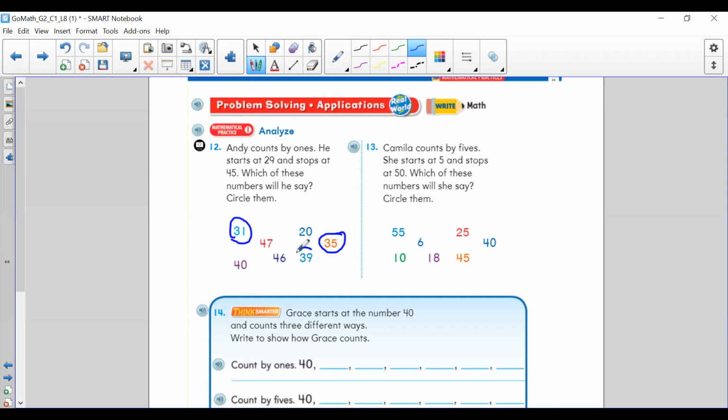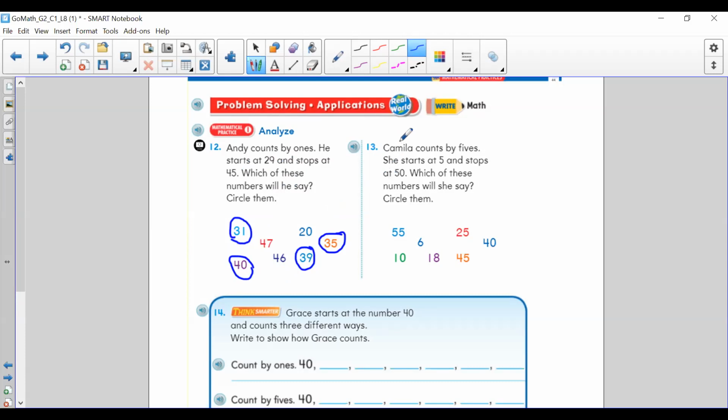Oh, there's 39. 40. Oh, there's 40. 41, 42, 43, 44, 45. Okay, so these numbers did not fit in our range. 20 comes before 29, and 46 and 47 come after 45. So those would not be included in the numbers that Andy counts.